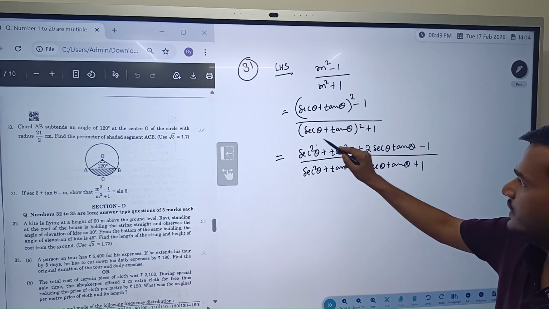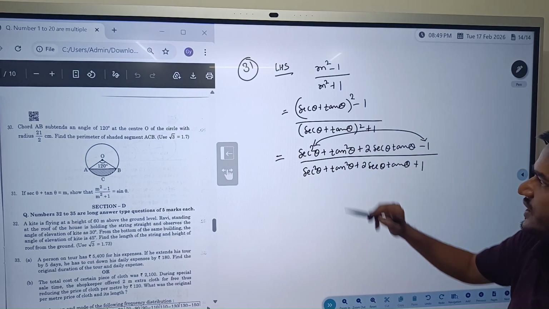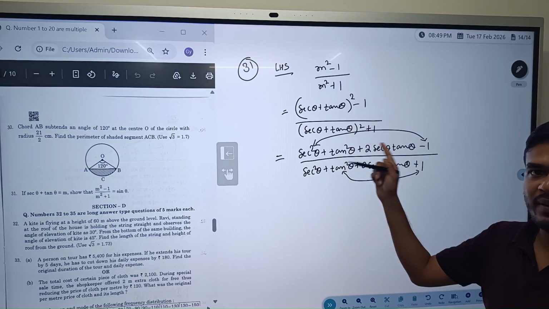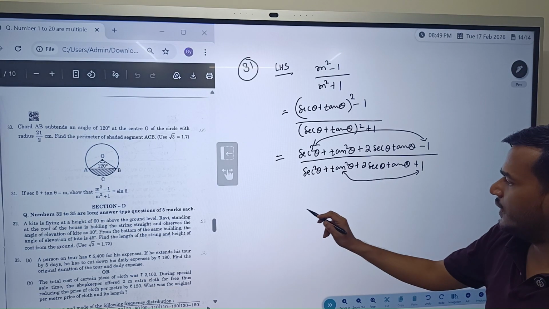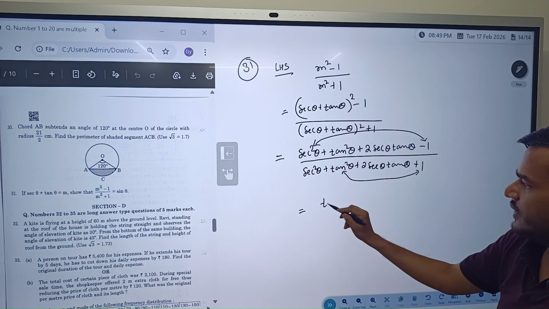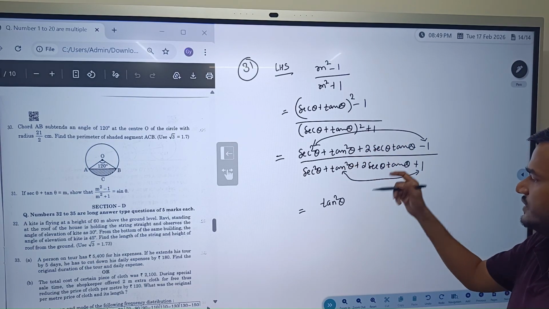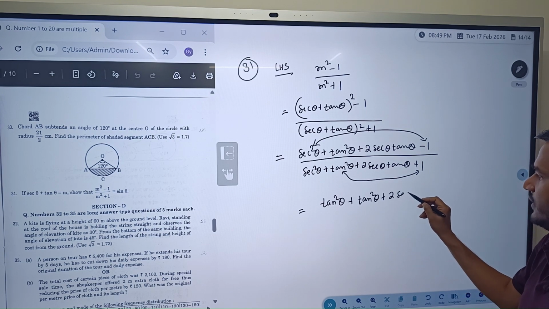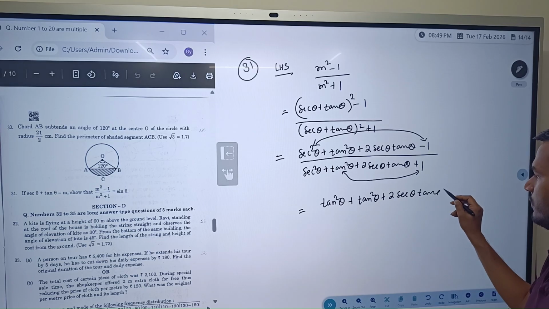Now look at this. Sec square theta minus 1 is tan square theta. Here tan square theta plus 1 is sec square theta. So I am applying this identity. So this will become tan square theta plus this thing, tan square theta plus 2 sec theta tan theta.